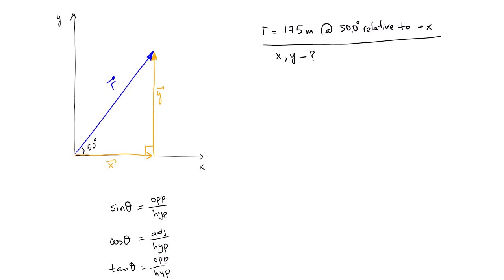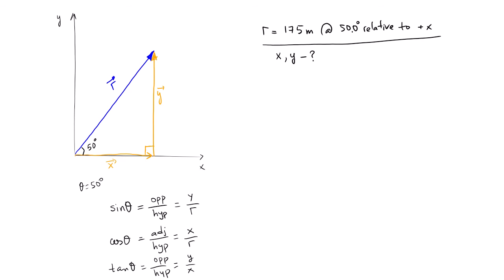In this case, sine theta involves y over r, cosine theta involves x over r, and tangent theta involves y over x. Please note that when I'm talking about this theta, this is the theta that equals 50 degrees.